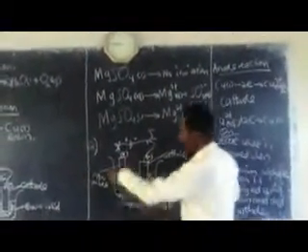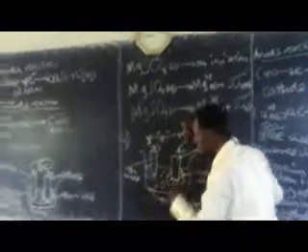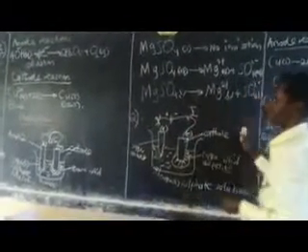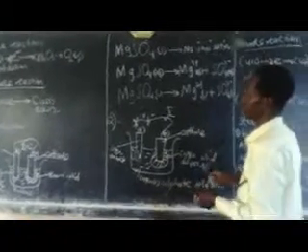I repeat, if this was zinc and these are hydrogen ions instead, equally zinc will dissolve. As long as what is here and here are the same, it will dissolve. Or if the metal here at the anode is above the ions here in the activity series, it will also dissolve. And that's how the electrolysis will take place in this case.